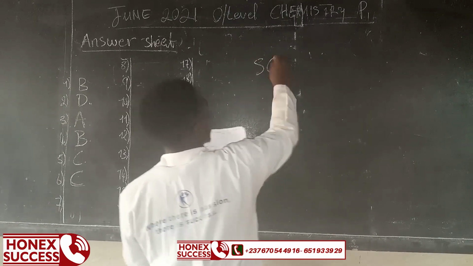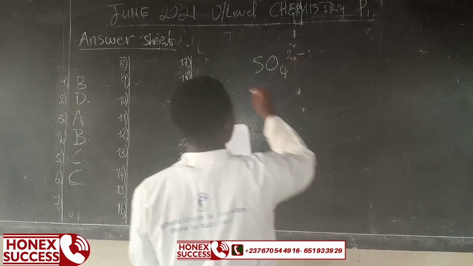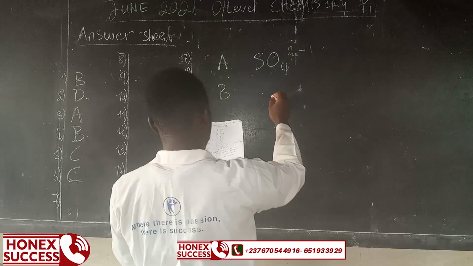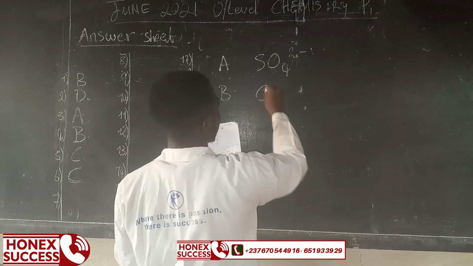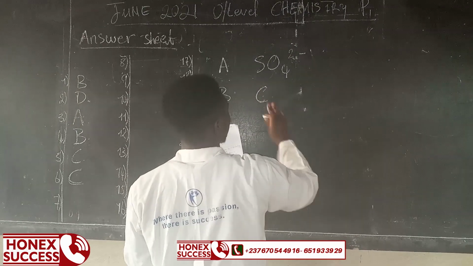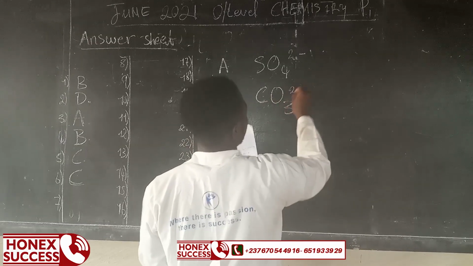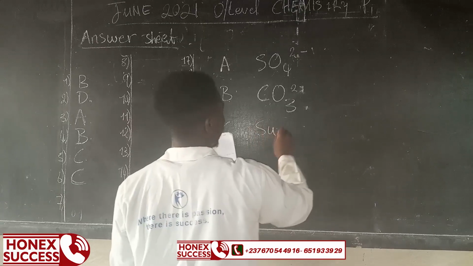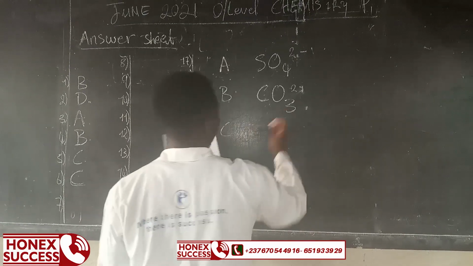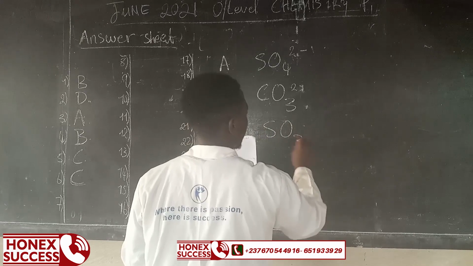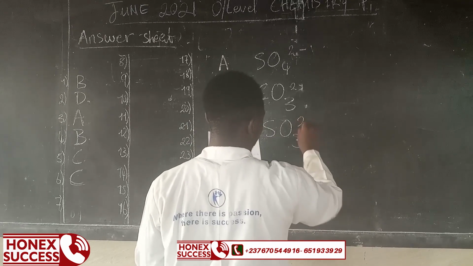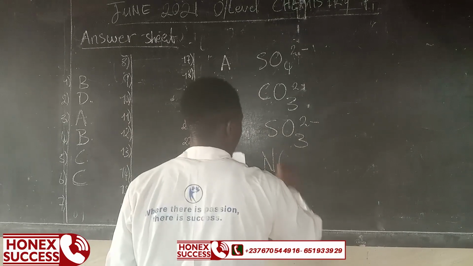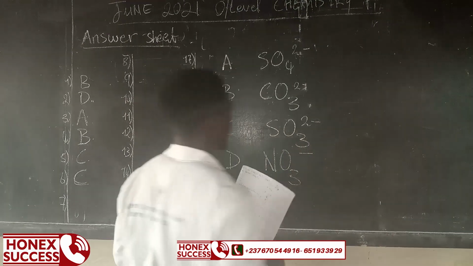A is the sulfate ion, B is the carbonate ion, C is the sulfide ion, and D is the nitrate ion.